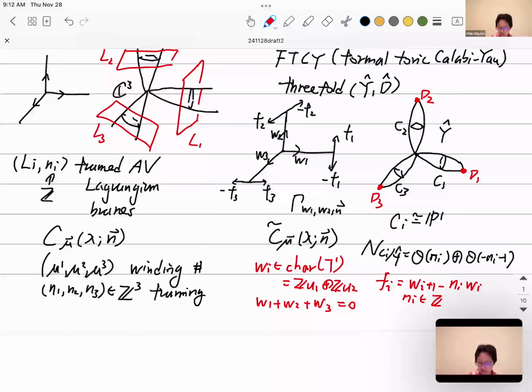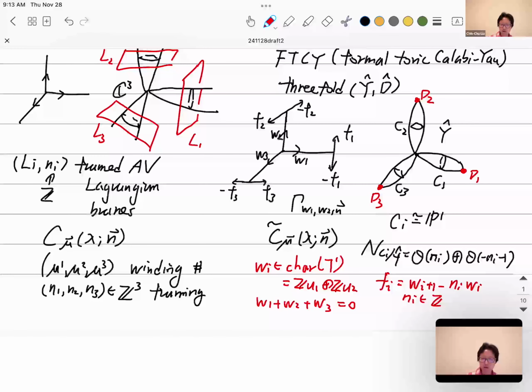We define and compute by localization, but a priori, this invariant should depend on mu, the 3 partitions mu1, mu2, mu3, the 3 integers n1, n2, n3, and a priori, it also depends on W1, W2.